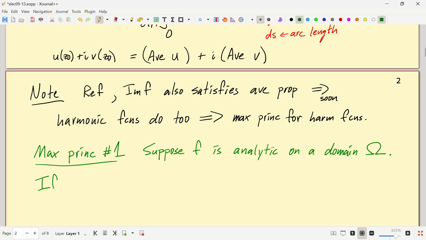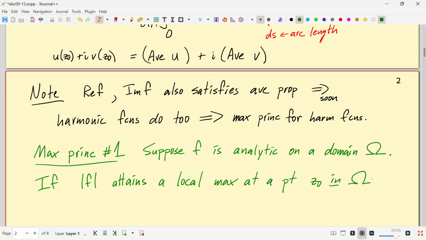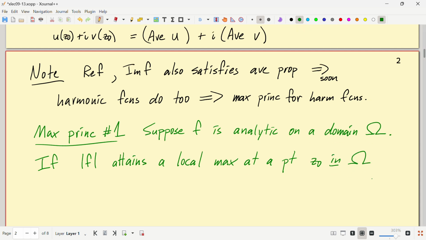If the modulus of f, that's why it's called the maximum modulus principle, attains a local max at a point z naught in omega. Sometimes maximums can be attained at a boundary point, but I mean at a point in omega.